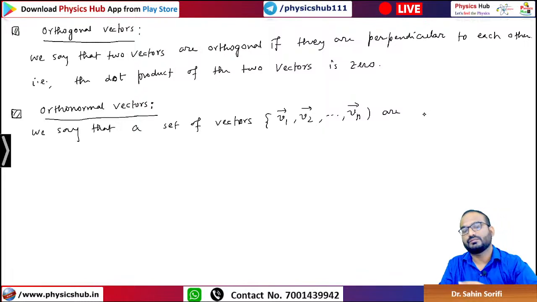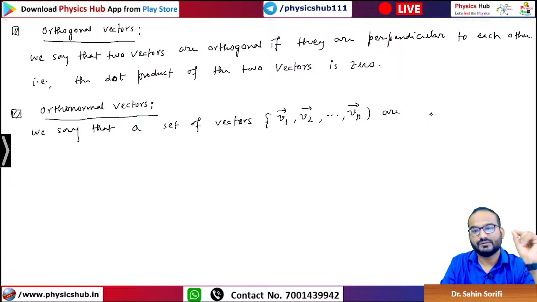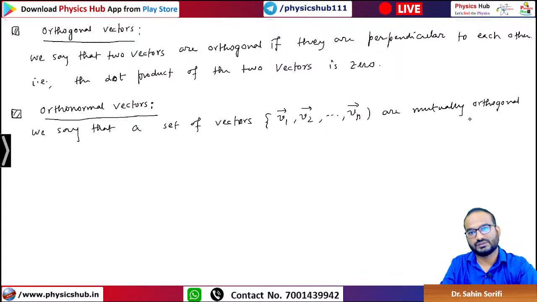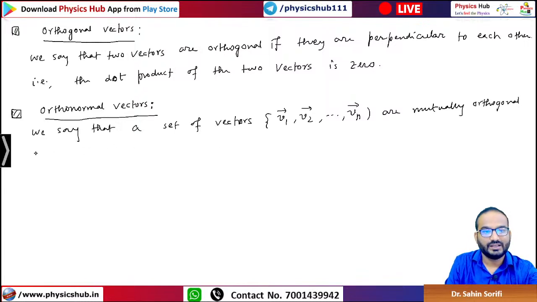When we talk about multiple vectors, more than 3, 4, 5, we use the term mutually orthogonal, that is, orthogonal with each other. We say that a set of vectors is mutually orthogonal if every pair of vectors is orthogonal.